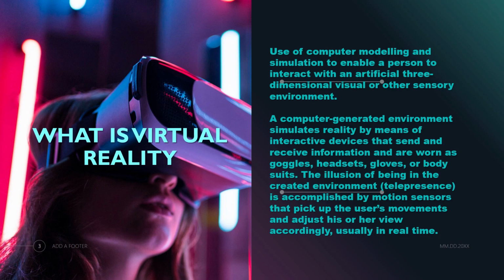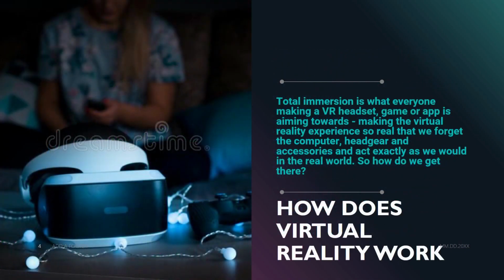A computer-generated environment simulates reality by means of interactive devices that send and receive information and are worn as goggles, headset, gloves or body suits. The illusion of being in the created environment is accomplished by motion sensors that pick up users' movements.